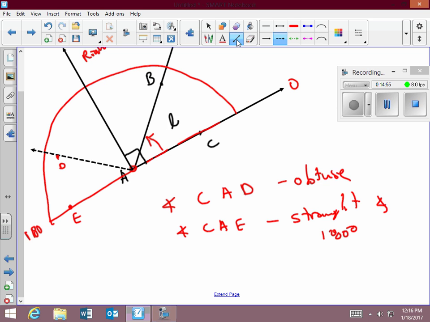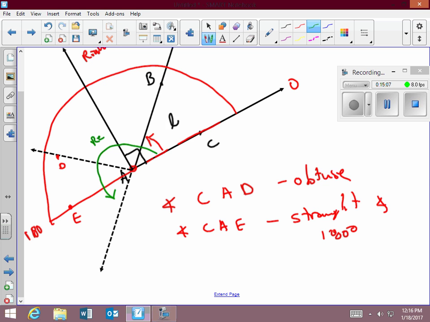And then if you have an angle out here, and you specify it this way, this is a reflex angle. Now, the only time that you'll say a reflex angle is when it is specified.